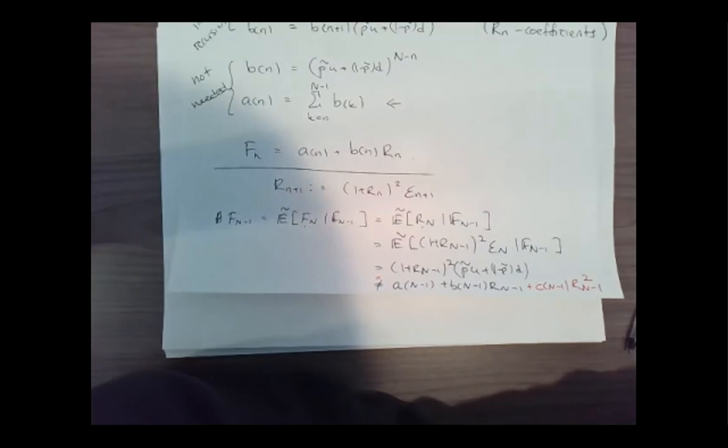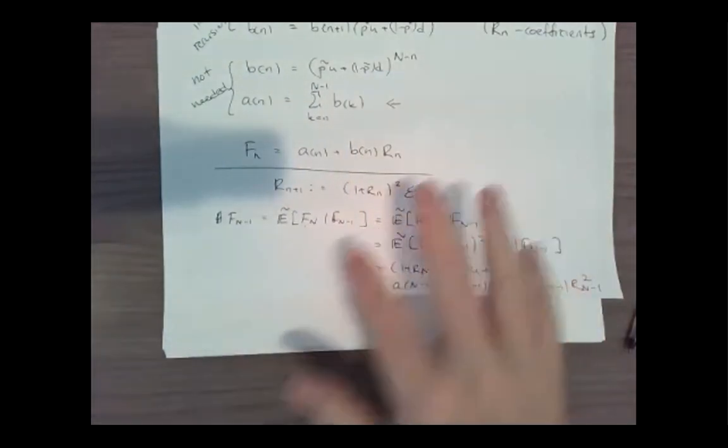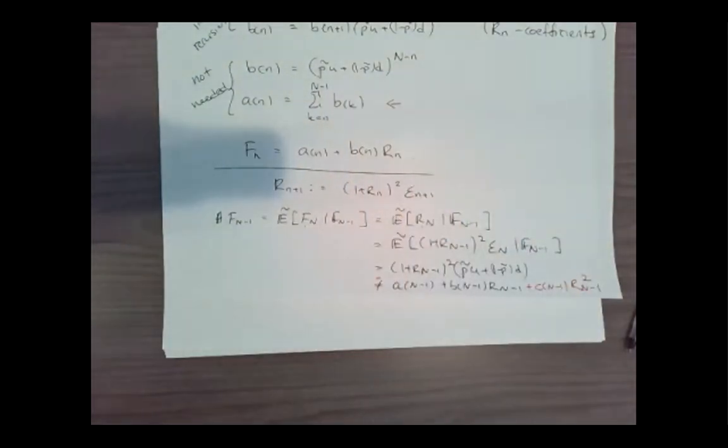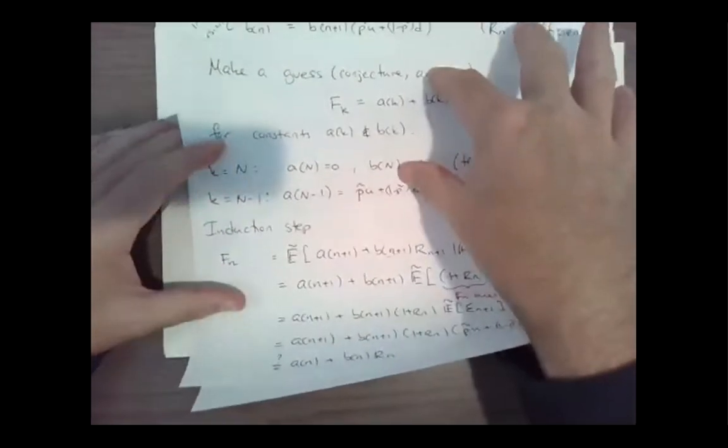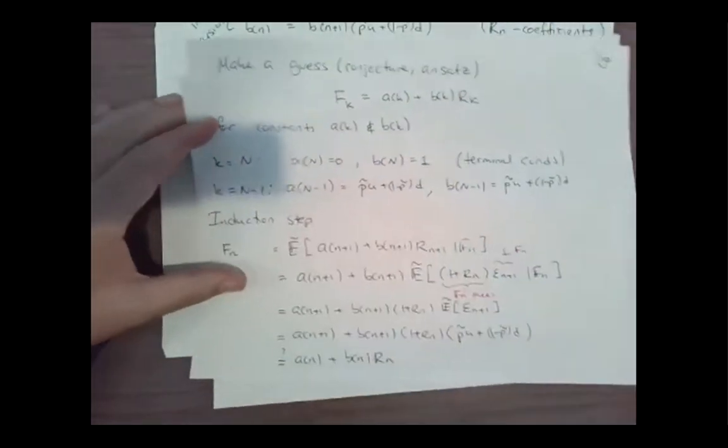So, Professor, does it mean the linear combination is the best guess in these scenarios? It's not that it's the best guess, that is the form. Like in the previous one, when you do induction, you come up with a guess, and then you do the base step.